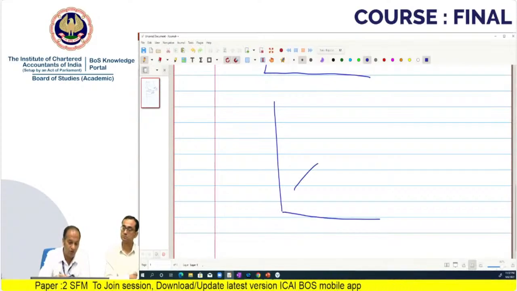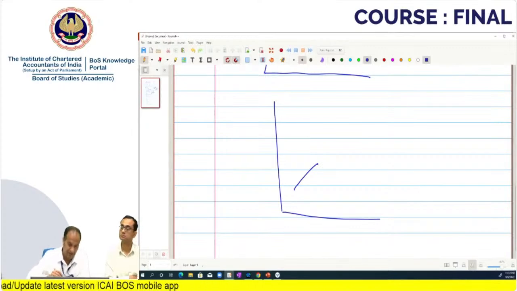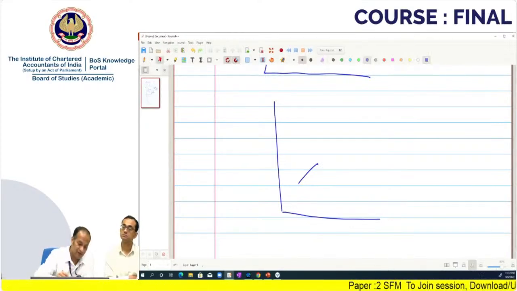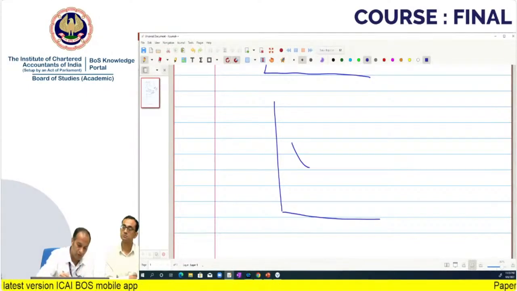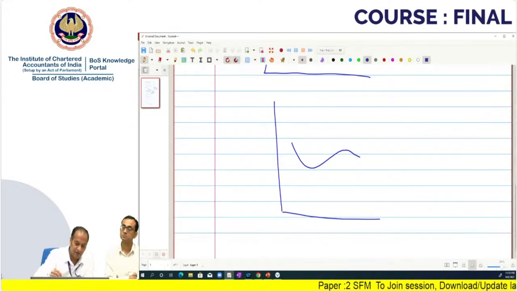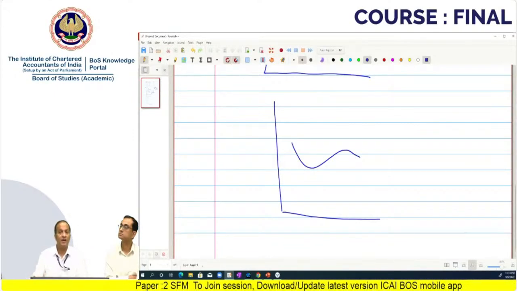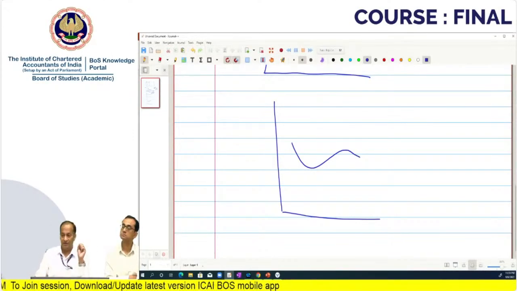Initially it may go up, or it may go down, then again change shape. Sometimes it may also hump. So this is called a humped yield curve.